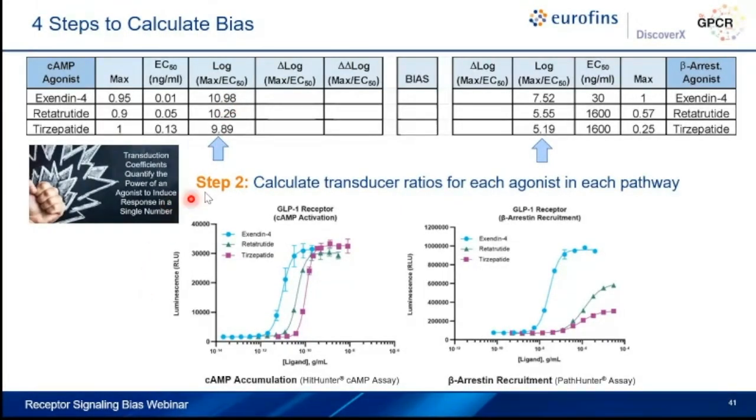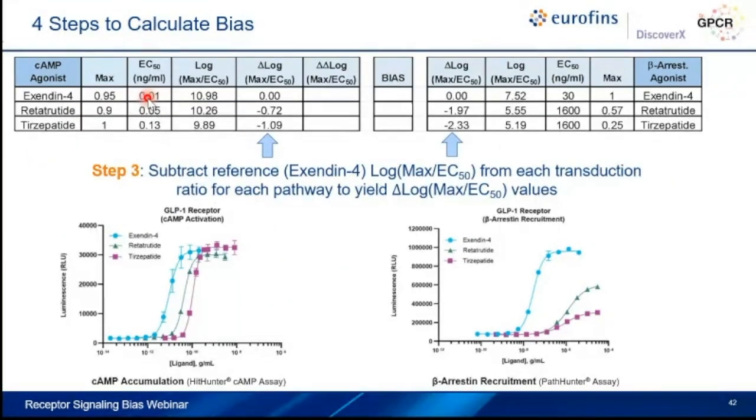Step 3 is to rank within each pathway the relative power of the agonist. We still can't compare across because these are different cell lines with different sensitivities and so forth. We have to correct for that. So we choose a reference compound. In this case, I've chosen Exendin 4.